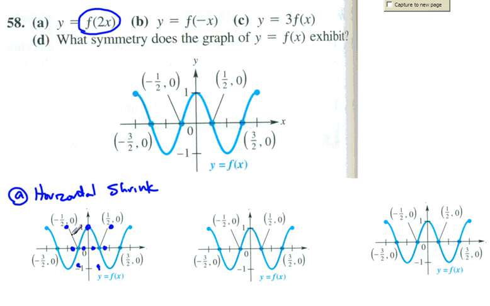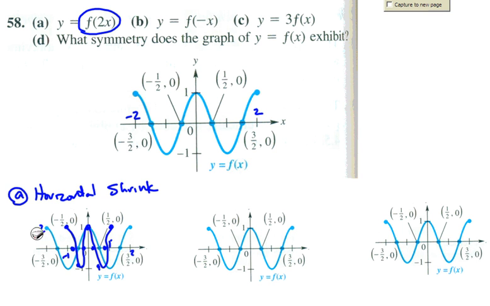And so when I'm done, this graph goes like that. And this far end, which before was at negative 2, is at negative 1. And this end that before was at 2 is now at 1. So my graph, rather than going from negative 2 to 2, is now going from negative 1 to 1.